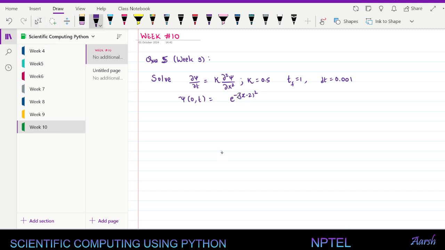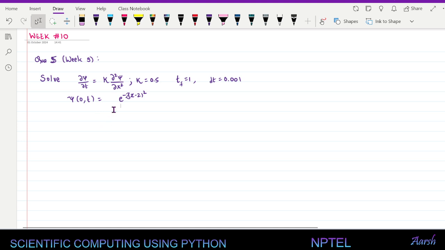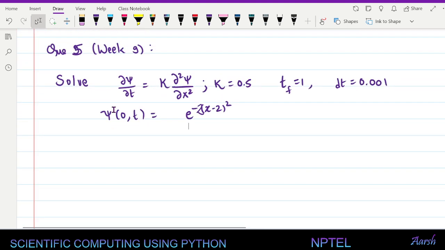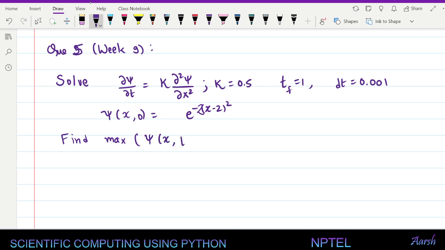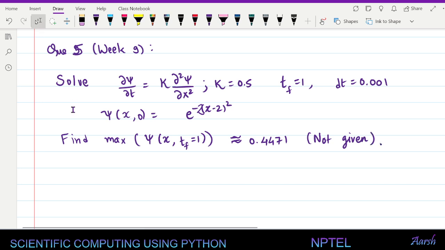This was minus 2 here, and this was psi of x comma 0, and we had to find max of psi x comma T final, which is 1, and the answer is about 0.4471. Okay, not given. Okay, anything else?